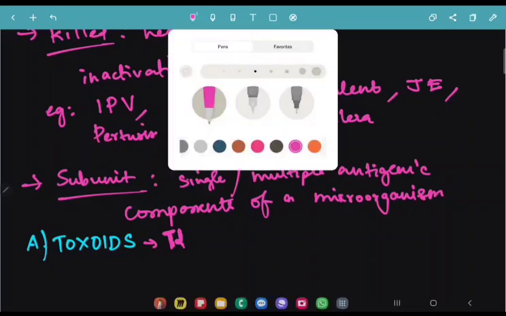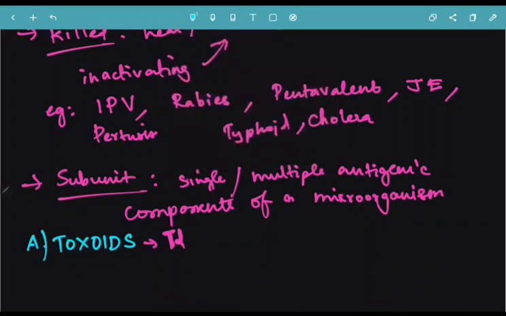Now the next category of subunit vaccines is your protein vaccines. Immunization with a single protein or a combination of proteins from a pathogen is sufficient to stimulate a protective immune response.